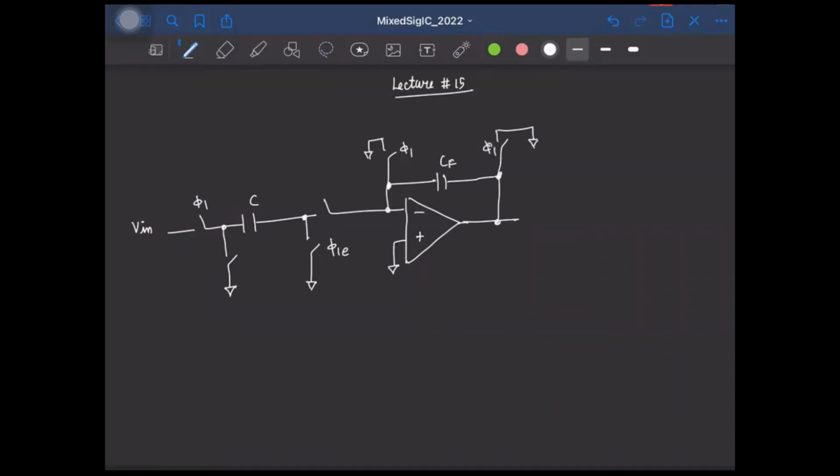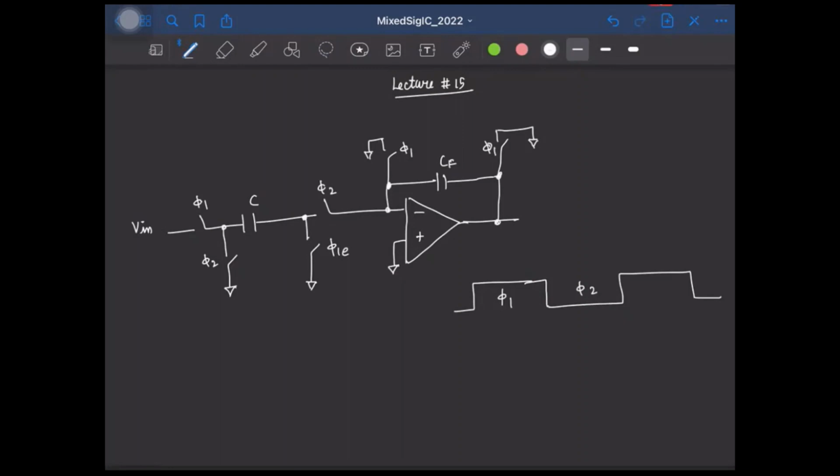Of course, we transfer this charge during phase φ2, and both φ1 and φ2 are non-overlapping clock phases. So if I say this is the clock, and let us say when the clock is high, we have φ1 active, and this is the phase in which φ2 is active.